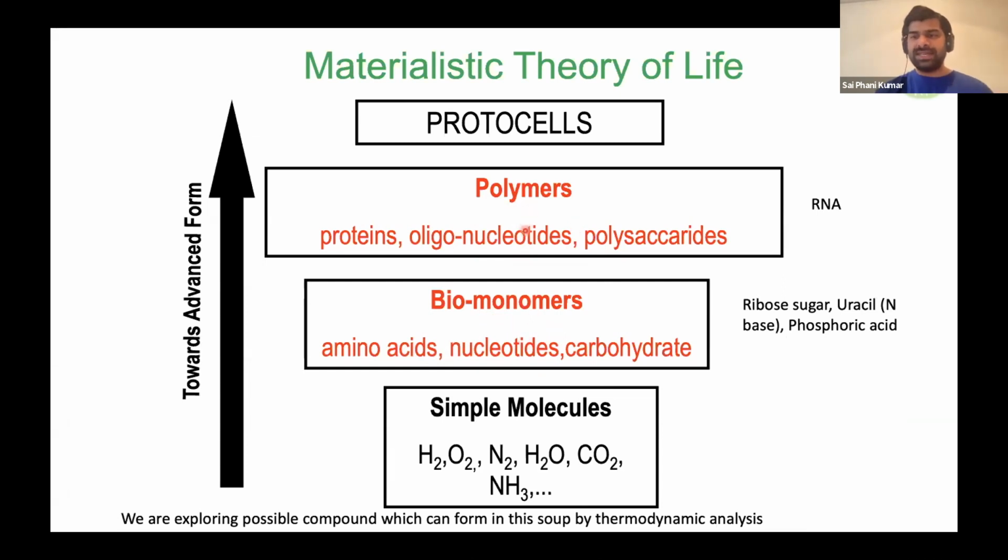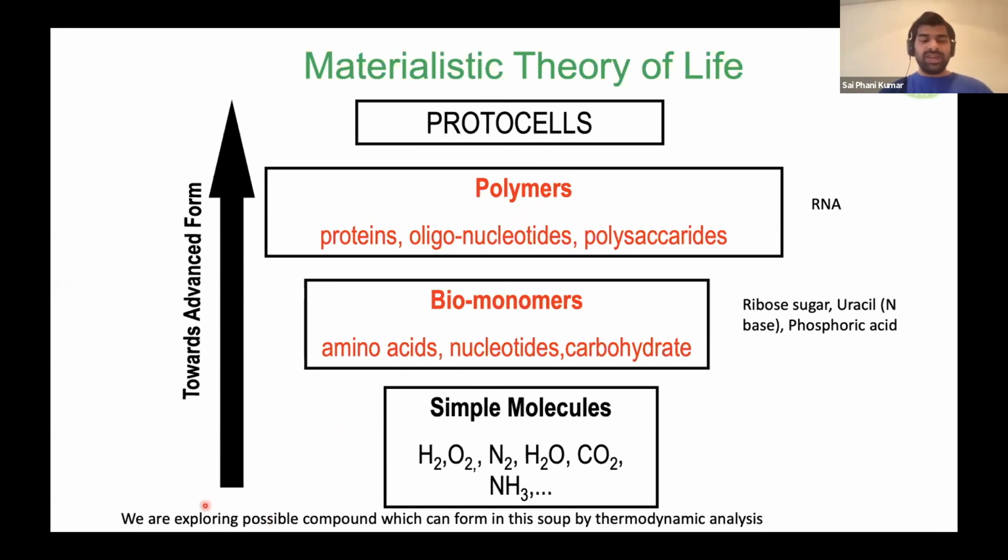And we look at the thermodynamic feasibility and stability of the formation of biopolymers from the combination of amino acids, nucleotides, carbohydrates. We can further move from biopolymers to maybe production of protocells, but that's a different matter. Moving from stage 2 to stage 3 is itself a big challenging task for most of us.